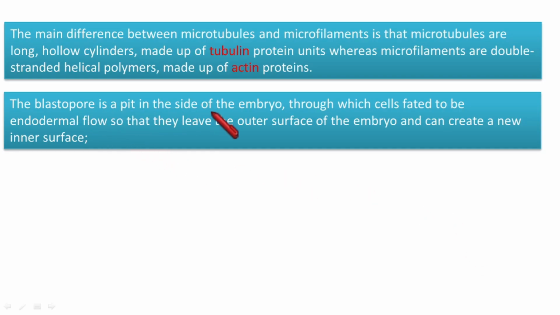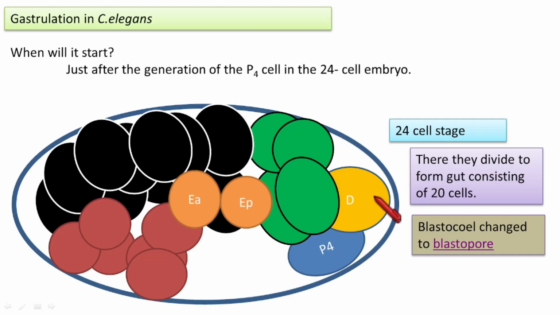Blastopore is a pit found on the side of the embryo, and through that pit the cells fated to be endodermal can leave the outer surface and enter the embryo. So that is the blastopore. Then what is the second process?